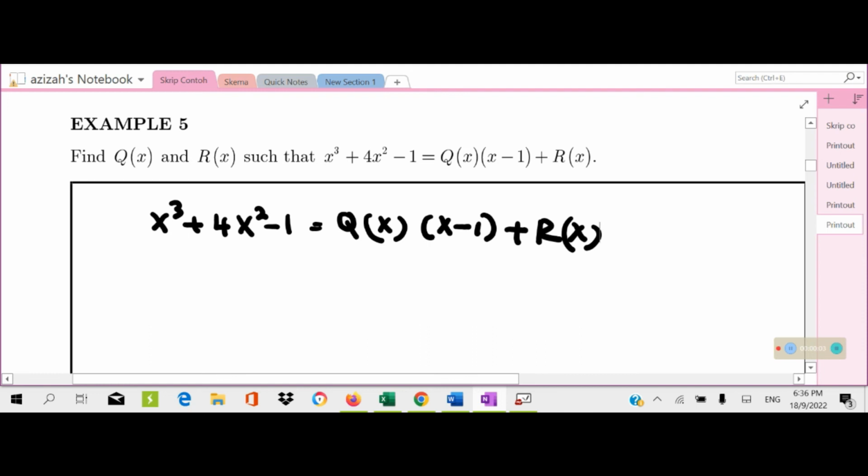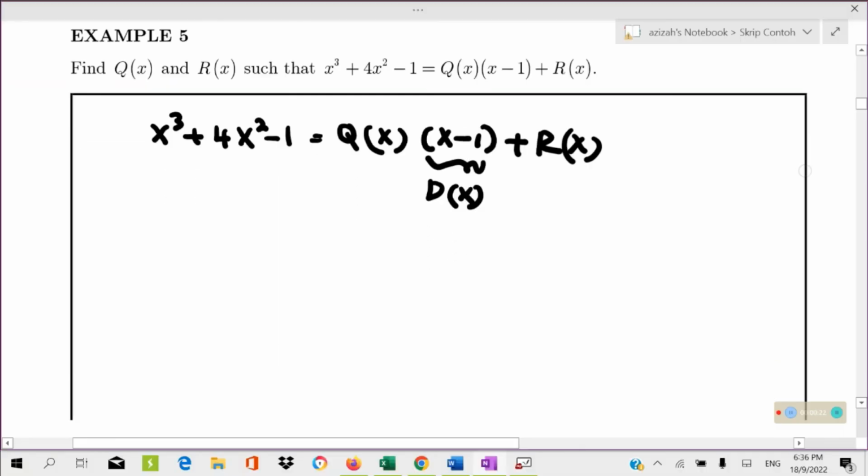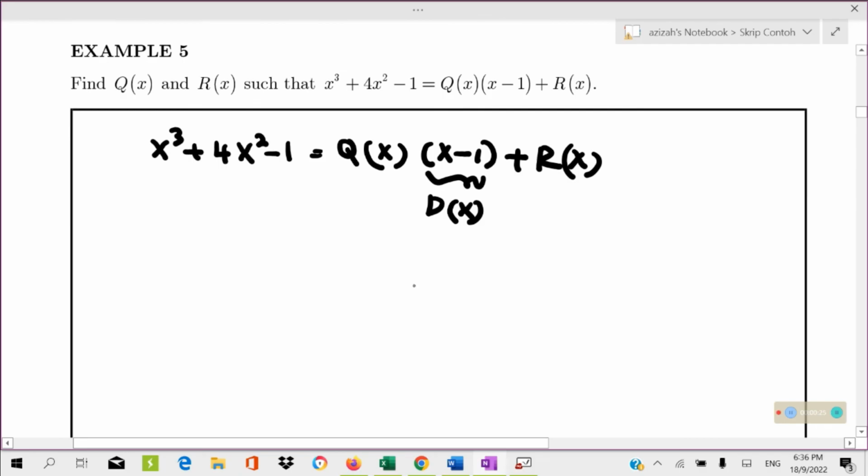For example 5, find Q(x) and R(x) such that x cubed plus 4x squared minus 1 equals Q(x) times (x minus 1) plus R(x). From this equation, we know that this one is the value of D(x). Now we do long division, where the divisor D(x) is x minus 1, and P(x) is x cubed plus 4x squared minus 1.